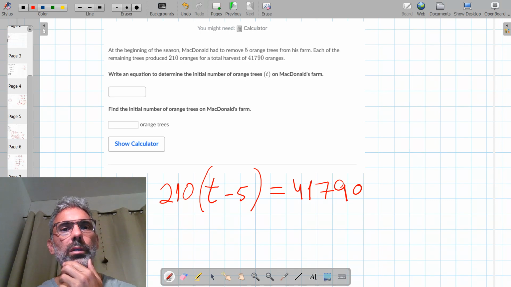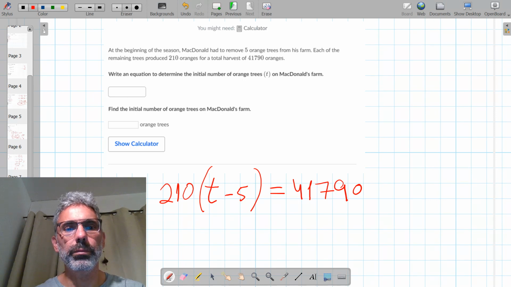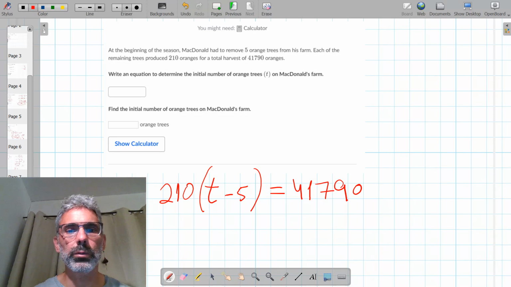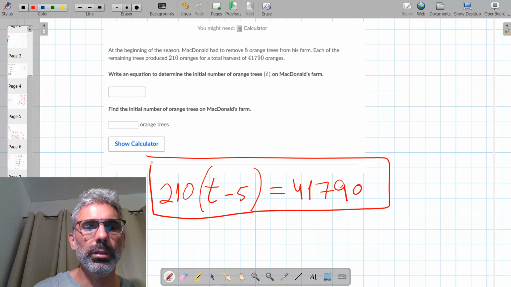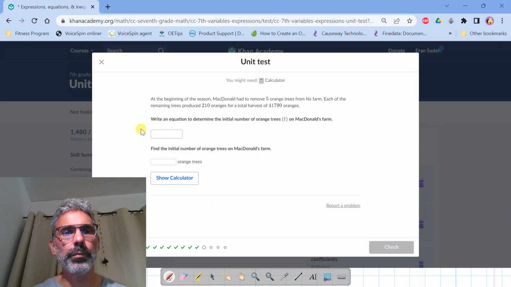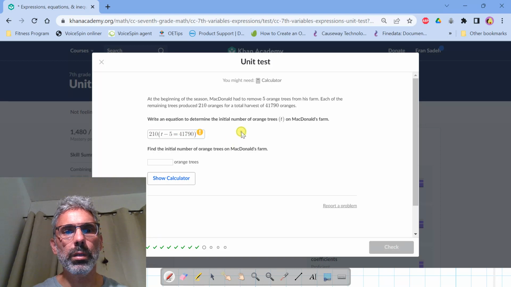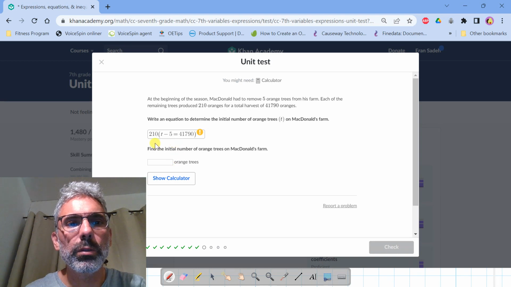Write an equation to determine the initial number of orange trees T on McDonald's farm. Okay, so this is the equation. 210 times T minus 5 equals 41,790 oranges.